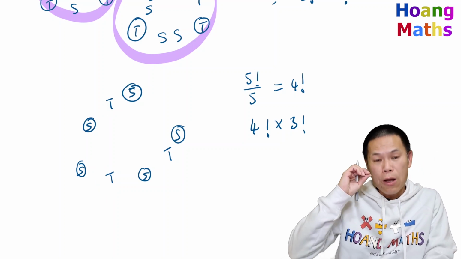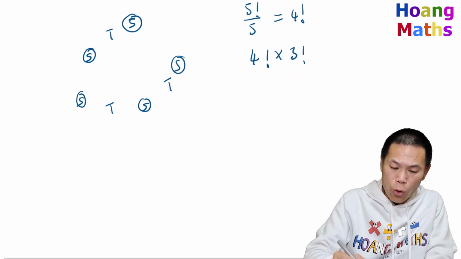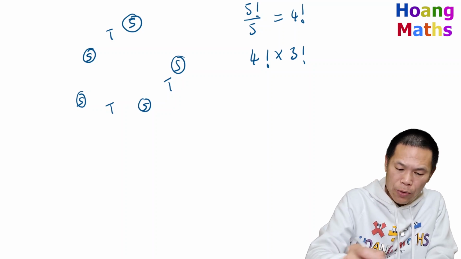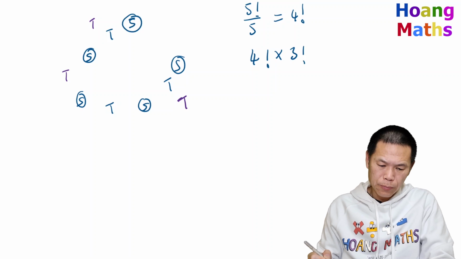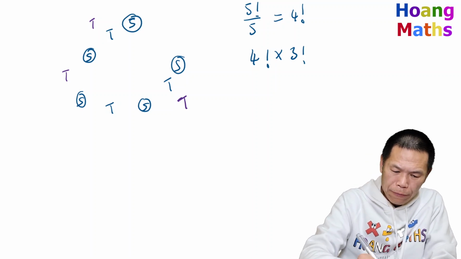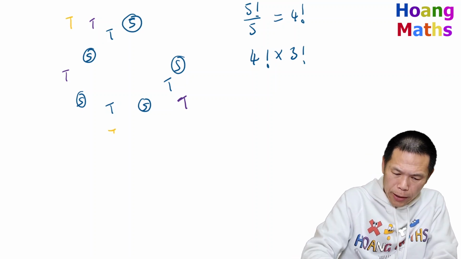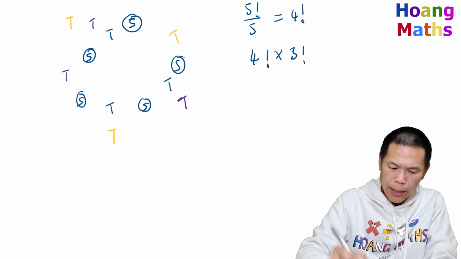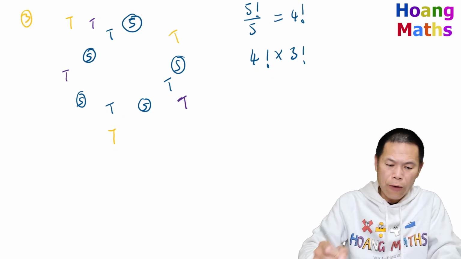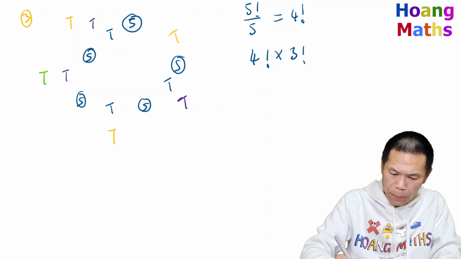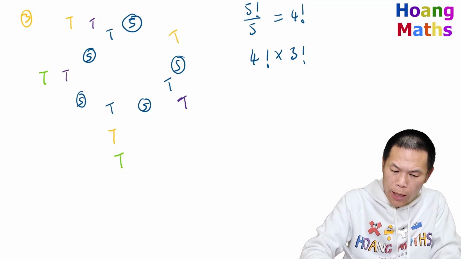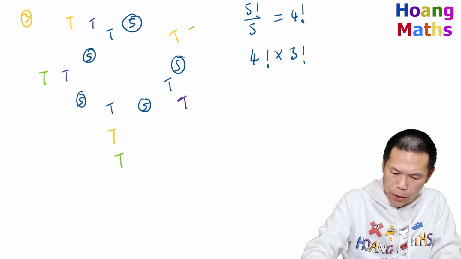But then we have more than 1 option, of course. The teacher can sit here or here. Or we can have teachers here, here, and here. That is 3 options so far. Or we can have a teacher here, a teacher here, and a teacher here.